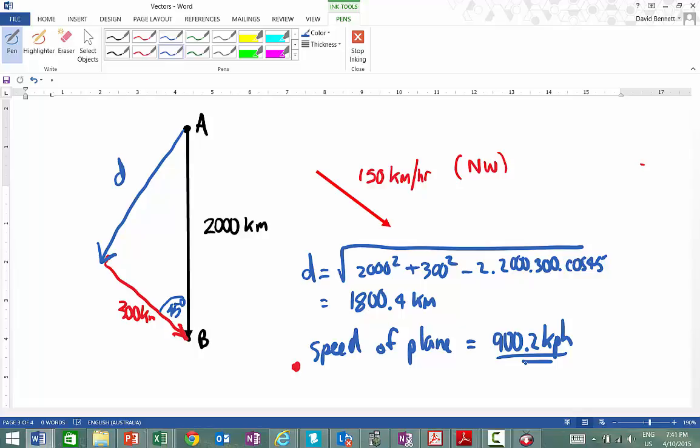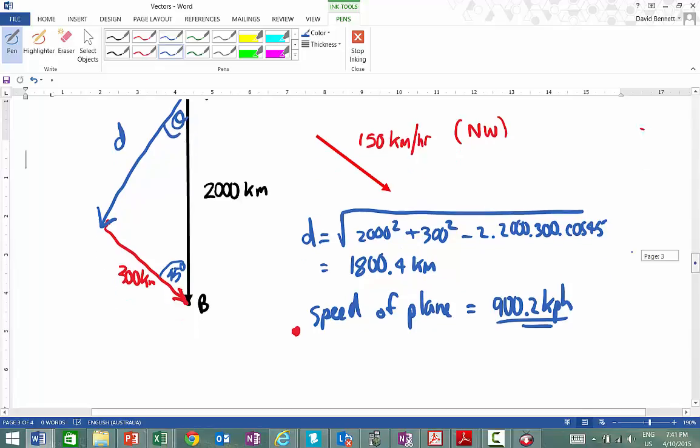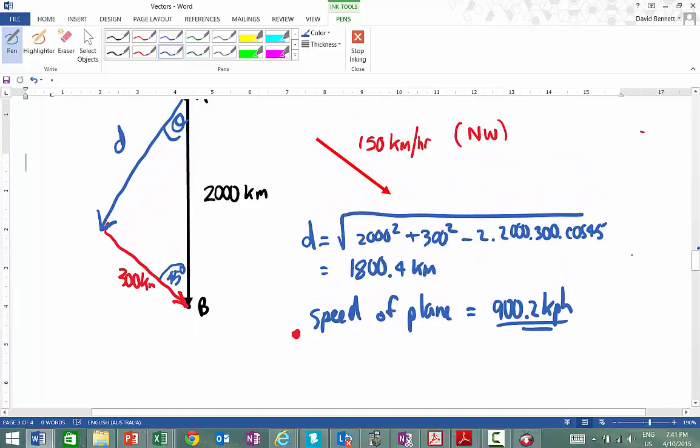Now that's the one thing that I need to do. The other thing I need to work out is the bearing that I need to fly at to set my instrumentation in the plane to go there. So I need to know that angle there. Again, it's the same process as in our first example, we need to identify it using the sine rule. So sine of theta, corresponding side is 300.